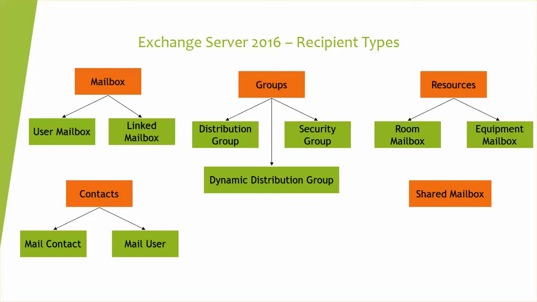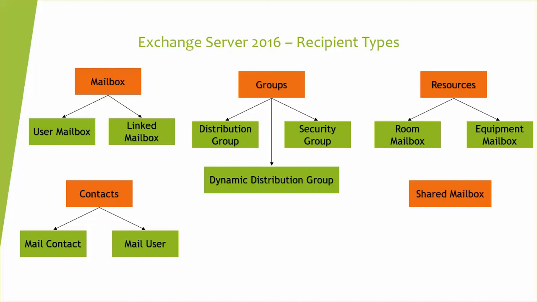And then equipment mailbox. Equipment mailbox is another recipient type, which is also great. What you can do with equipment mailbox is simply reserve equipment. For example, I need a projector, I need a laptop. What you can do is send an email to projector at local.